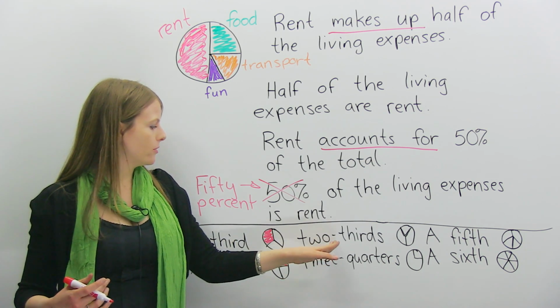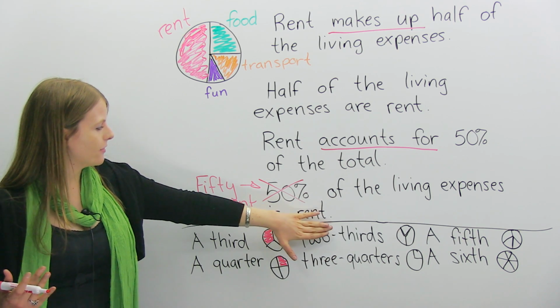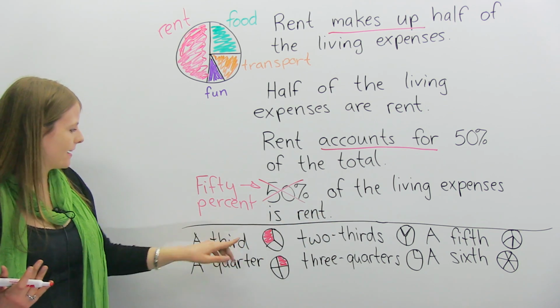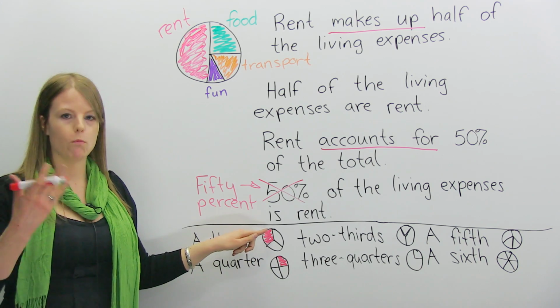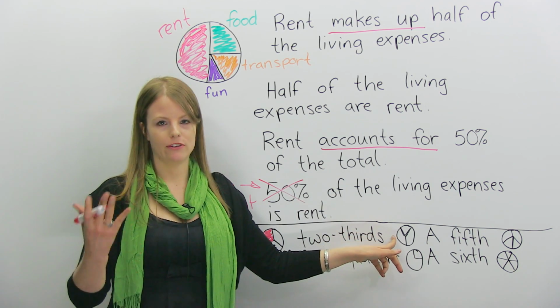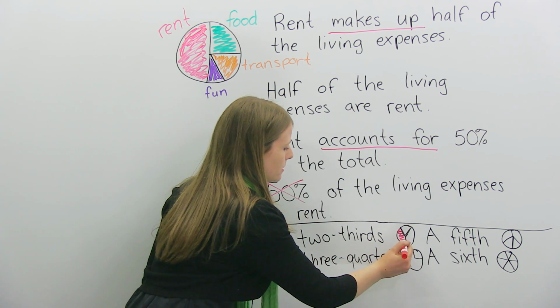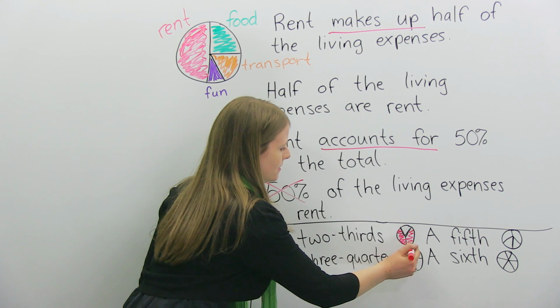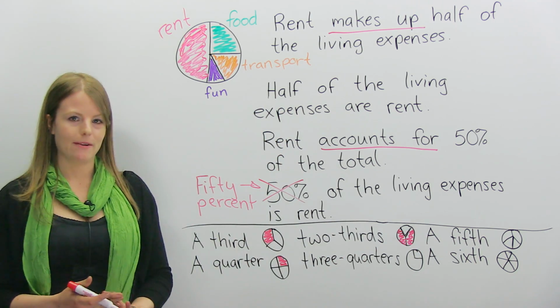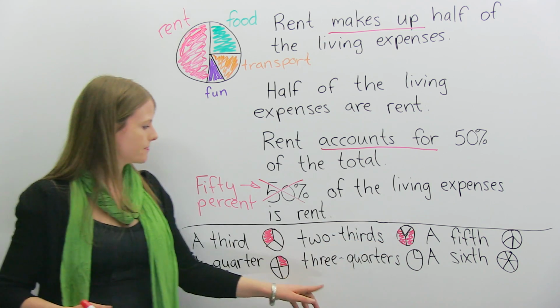We can also talk about 2/3. This is where it gets a little bit confusing. A third is, like I said, 1 out of 3. Here we have 2 out of 3, which is about 66%. So 2/3 would look like 1/3, 2/3. Okay, so this is 1/3, and this is 2/3.